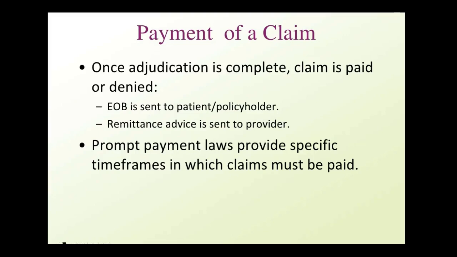The remittance advice is sent to the provider, and your money goes straight to the bank. The remittance advice shows the provider all the claims that were submitted, which ones were paid and which ones were denied. The ones that are paid will have a total, which is the amount that went to your bank account. Prompt payment laws provide specific time frames in which claims must be paid.